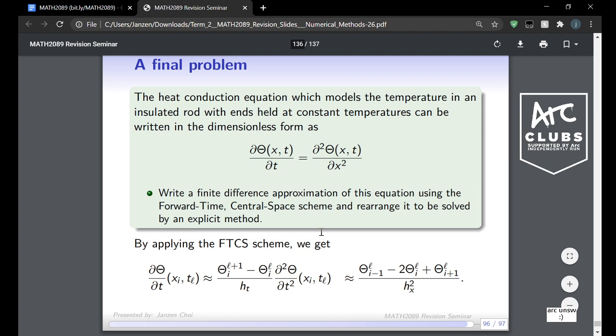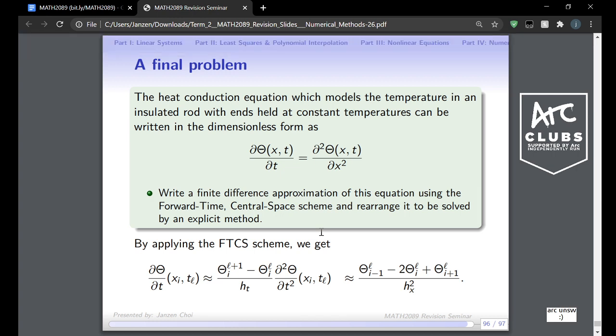So this question requires us to approximate a parabolic PDE via the explicit method. It's parabolic because one of the partial derivatives here is of first order.